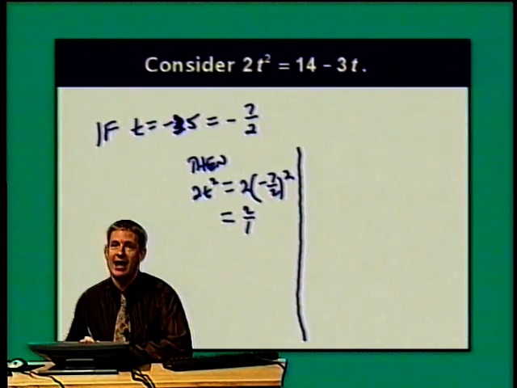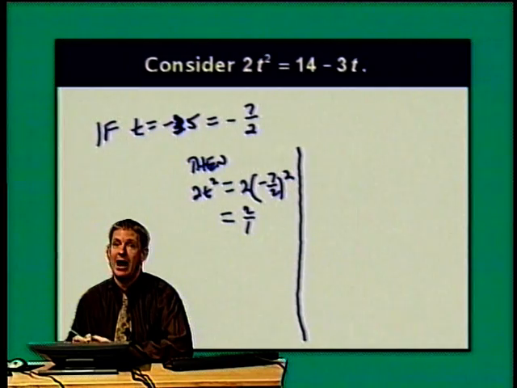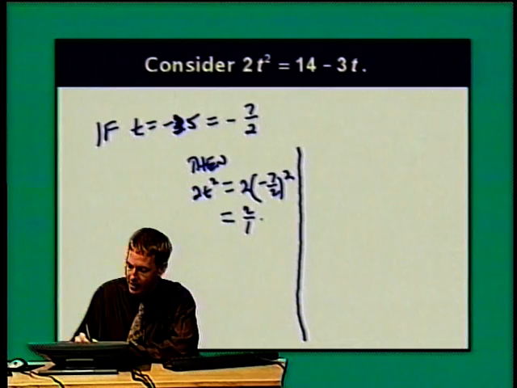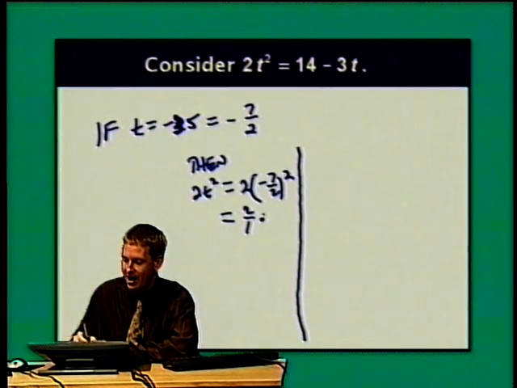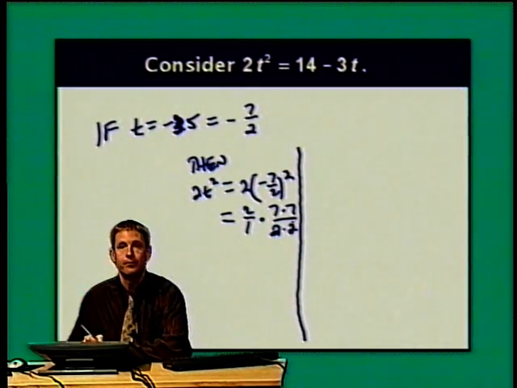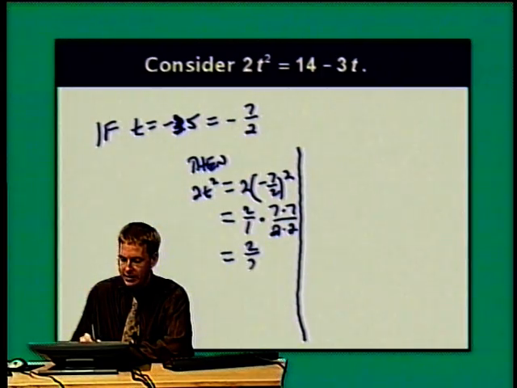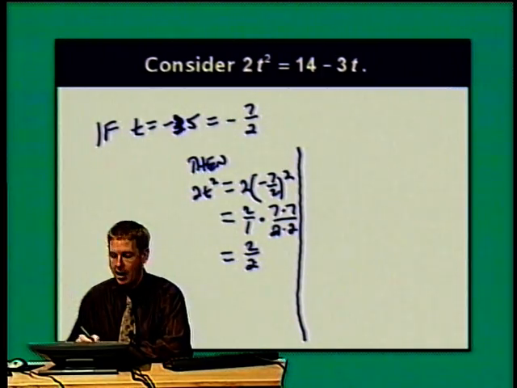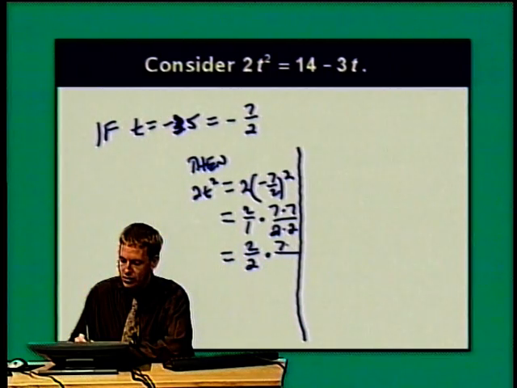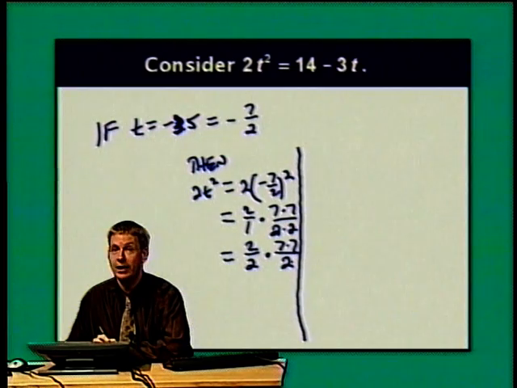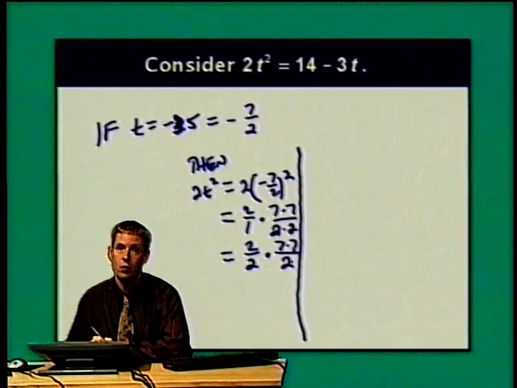Again, negative 7/2 squared is the same as 7/2 times 7/2 because 2 negatives multiplied give a positive. So when I square negative 7/2, I'm going to get 7 times 7 over 2 times 2. Now I can see that there's a common factor of 2 in the numerator and denominator, and if I pull out those common factors, I leave behind my 2 factors of 7 in the numerator, and I leave behind 1 factor of 2 in the denominator. 2 over 2 is 1.